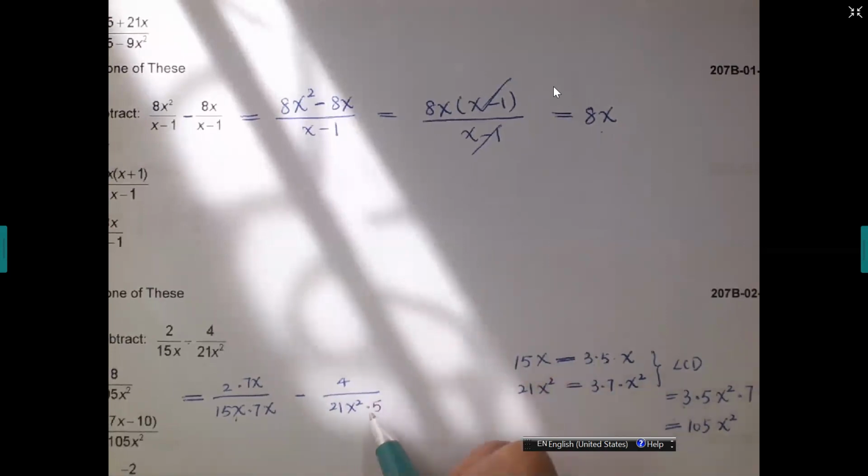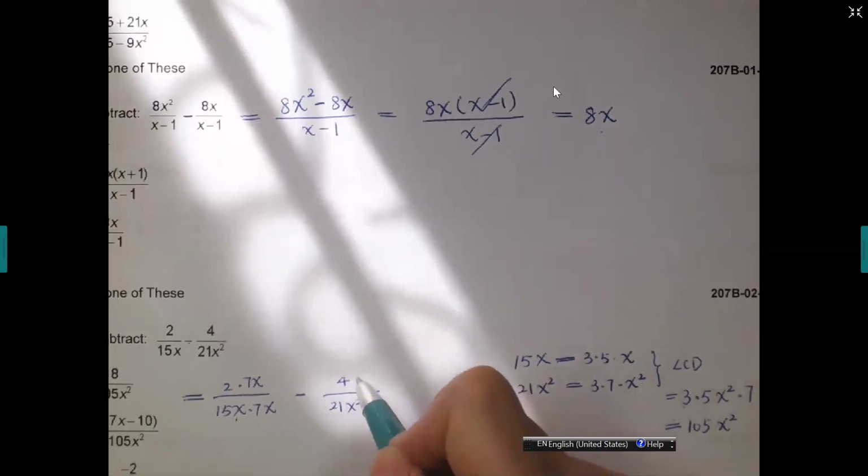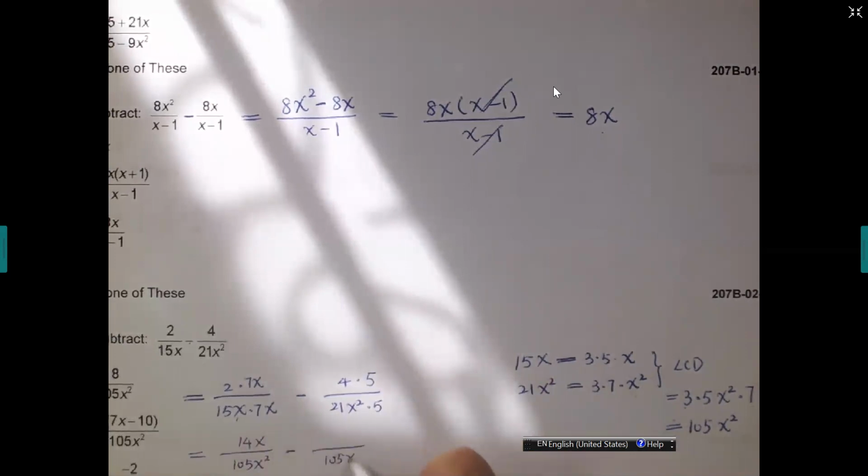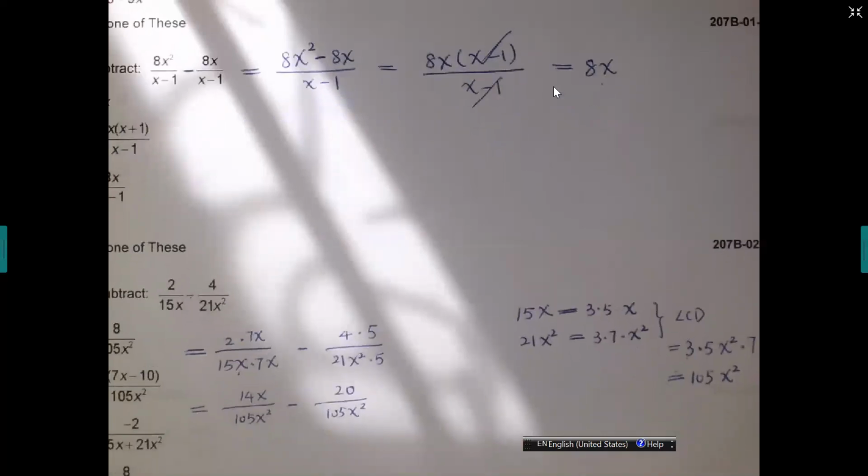Whatever I do to the denominator, do the same thing to the numerator, times 5 again. So now we'll have this equals 14x over 105x squared minus 20 over 105x squared. Okay, for this subtraction, they have the same denominators already.